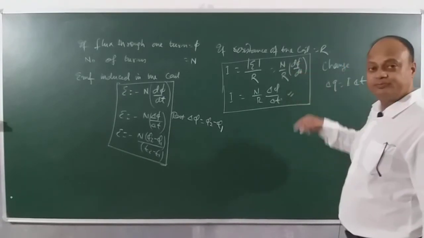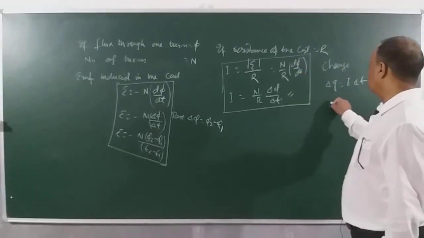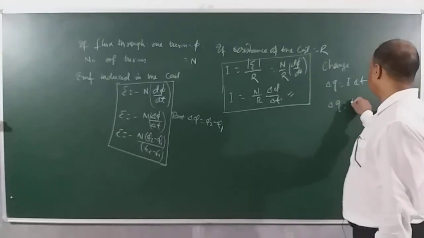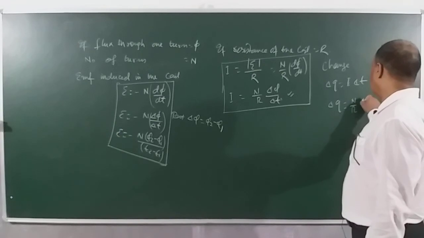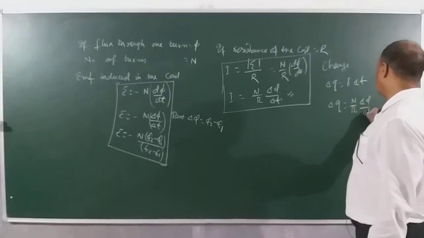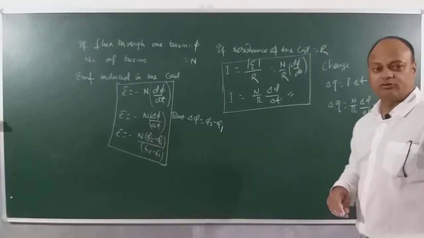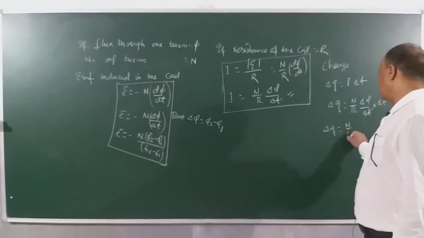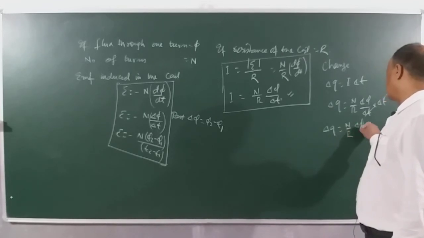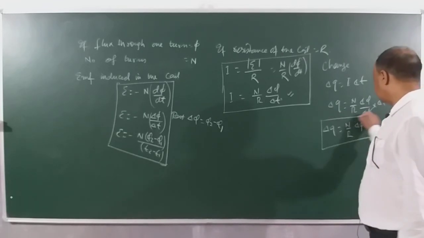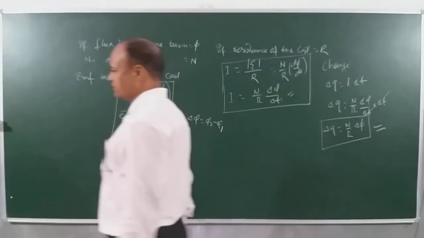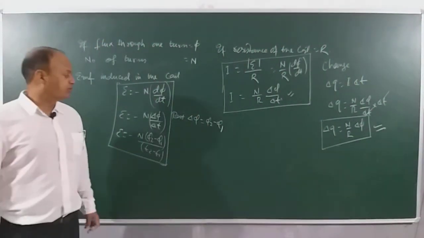Then delta q will be equal to I, that is N by R delta phi by delta t, into delta t. Clearly this delta t and delta t will what? Cancel out. So how much charge will pass? Delta q is equal to N by R into delta phi.